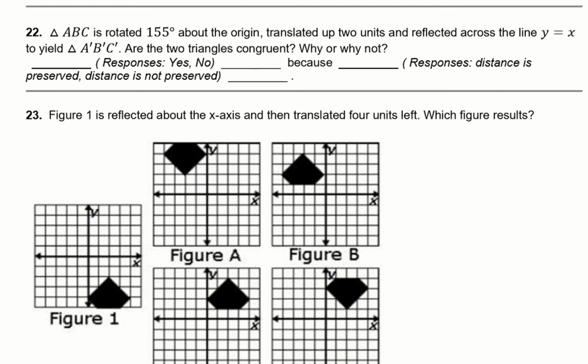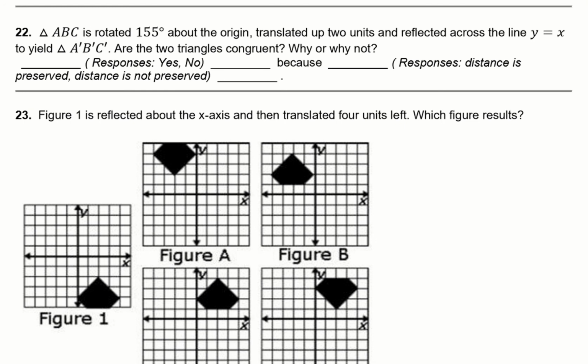Number 22, triangle ABC is rotated 155 degrees about the origin, translated up 2 units, and reflected across the line y equals x to yield A prime, B prime, C prime. Are the two triangles congruent? Why or why not? If we're doing a rotation, remember a rotation preserves the length and angles of the shape.